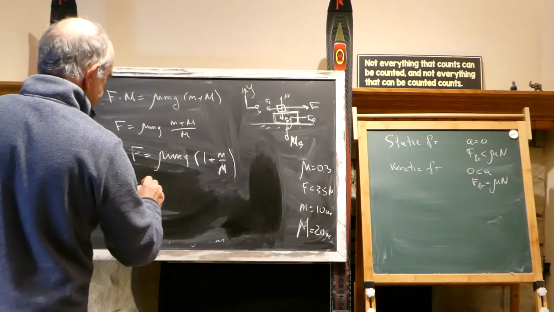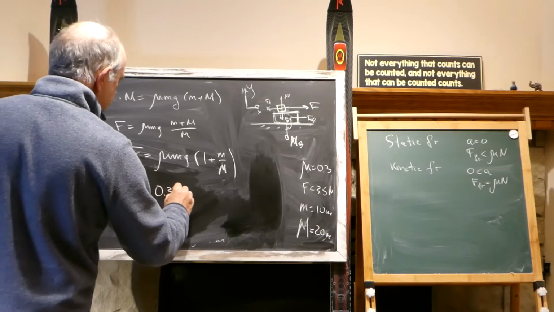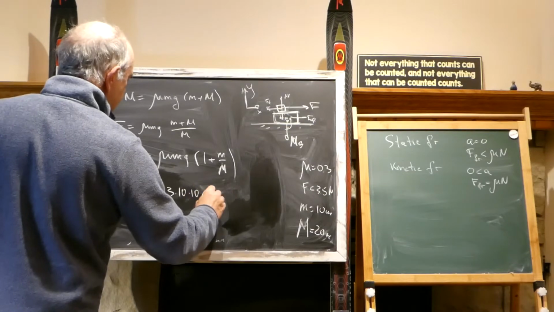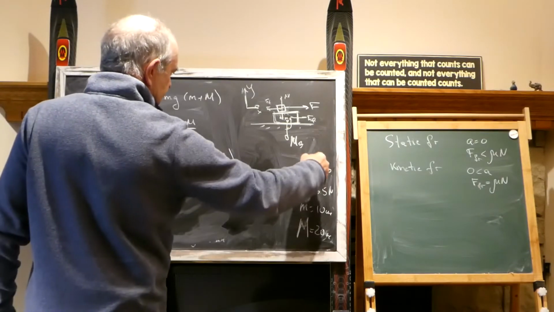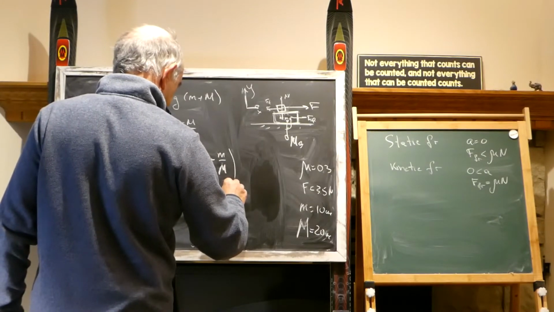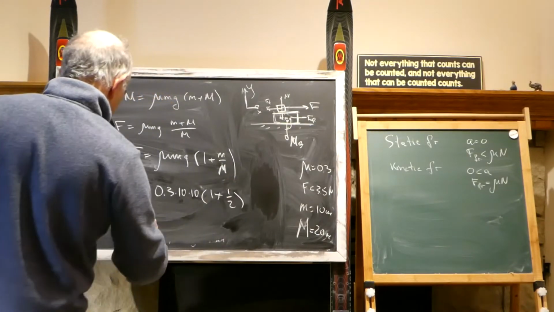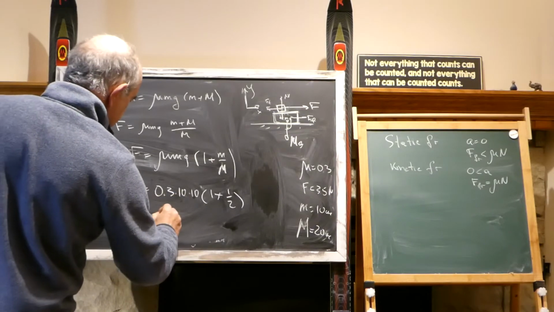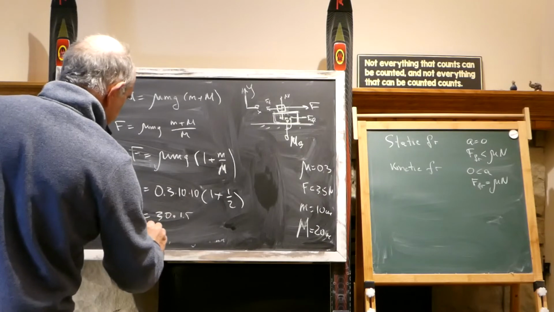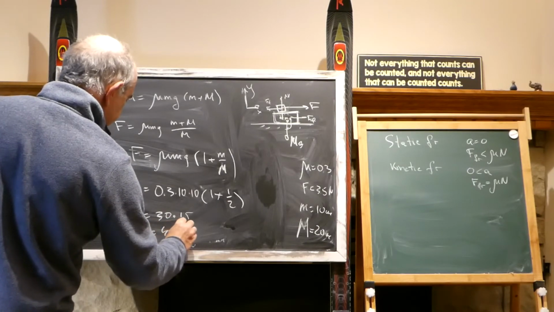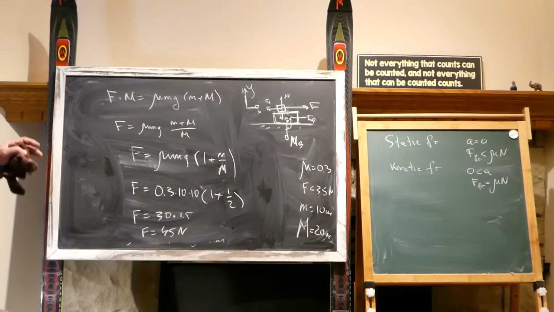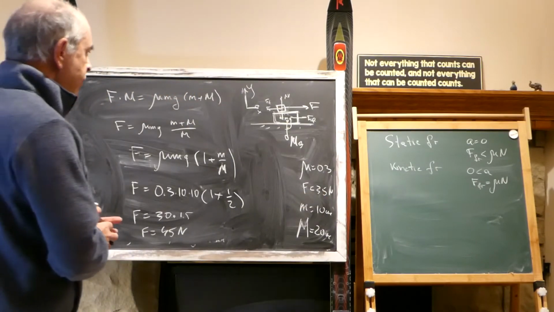Because let's find this maximum force, it would be 0.3, m is 10, g is 10, and it would be 1 plus 10 over 20, it would be 1/2, it would be f equal 30, multiply 1.5, f equal 45 newtons, and we have only 35 newtons. So, quite a bit of difference.